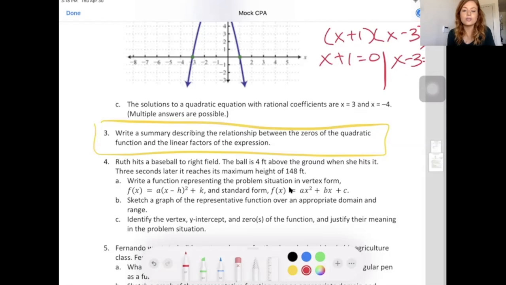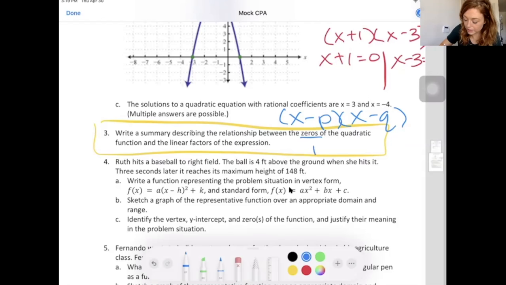So the relationship between the zeros of the quadratic function and the linear factors of the expression would be, if we had x minus p times x minus q, then the zeros, or the solutions to the quadratic function, would be p and q, and the linear factors are x minus p times x minus q.